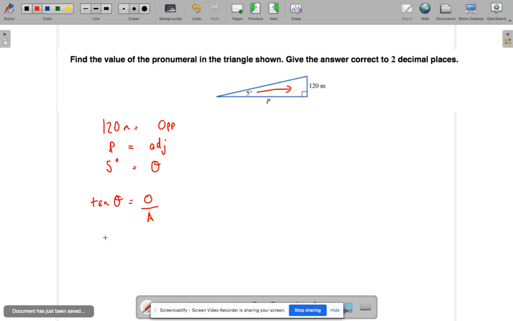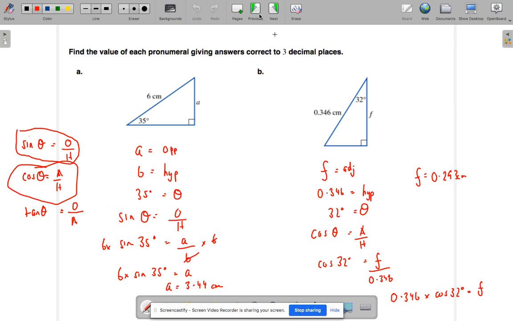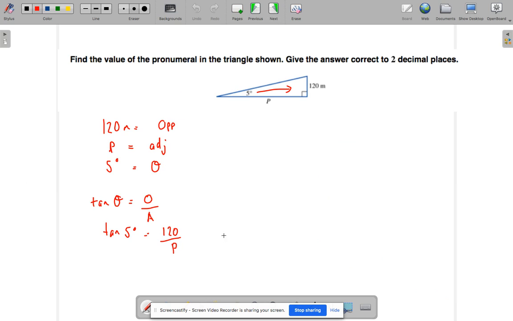All right, so tan of 5 degrees equals 120 over P. Now, you'll notice in my previous two examples, our unknown was on the top and we multiplied. The shortcut I'm going to show you here is that when the unknown is on the bottom, you actually swap those places. So the next line would be P equals 120 over tan 5 degrees.